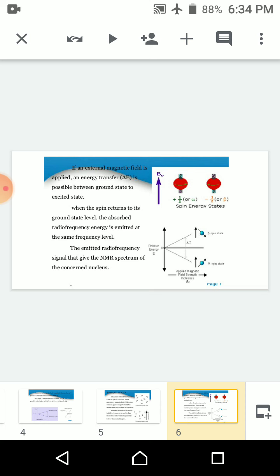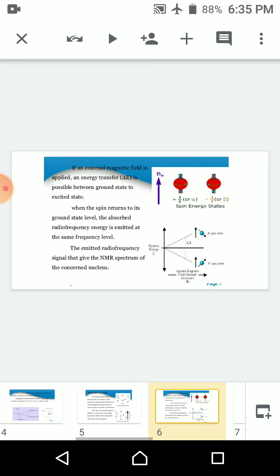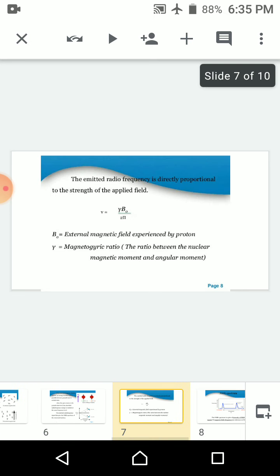The emitted radio frequency signal gives the NMR spectrum of the concerned nuclei, as we can see in the diagram. The value of B naught, that is plus half, or alpha, and minus half, or beta, are the spin energy states. Further, we can say the emitted radio frequency is directly proportional to the strength of the applied field.